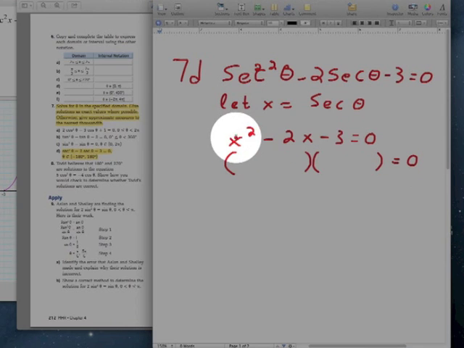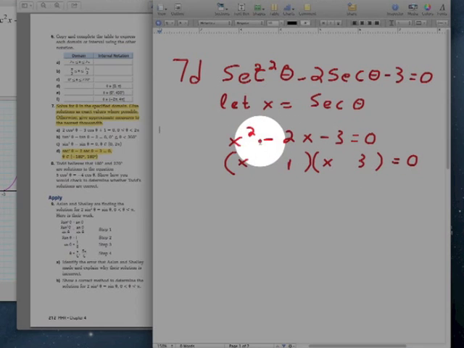Let's pop in some x's. I want to know what values I can put in here that when I multiply them back together, I'll get this original problem. Well, 3 really only has two factors, 1 and 3. So we'll put 1 in one bracket, and we'll put 3 in the other.